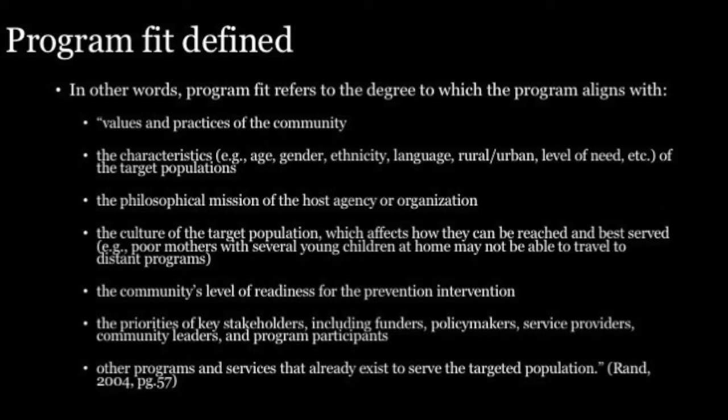Are they ready? Are they at that stage of readiness where they will accept a program like this? And also, does the program fit with the priorities of the key stakeholders in the community? Finally, we have to think about how our program fits with other programs already established in the community.